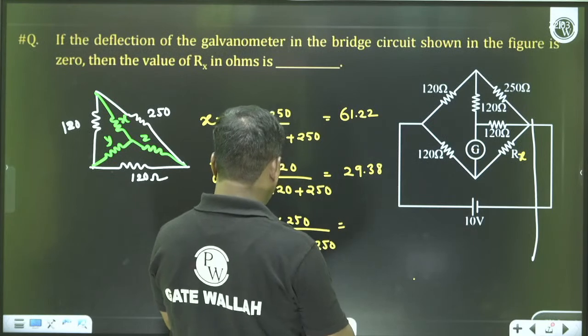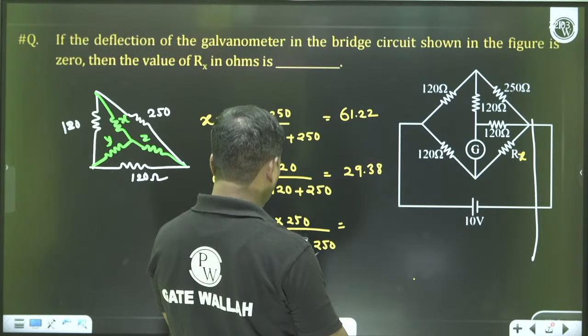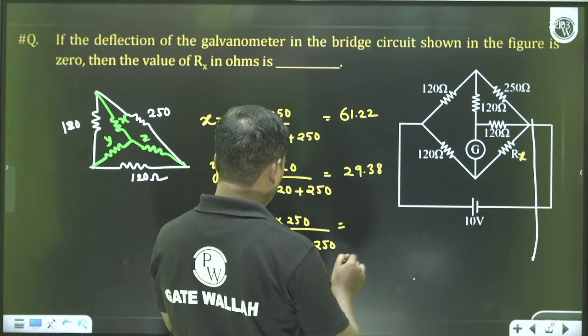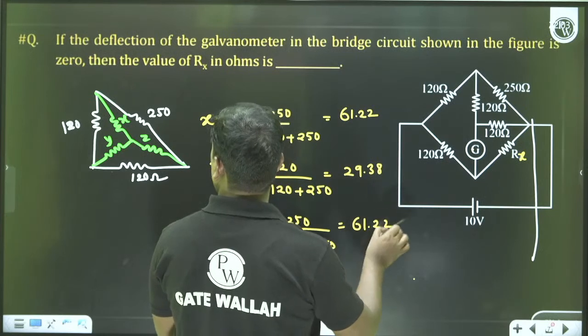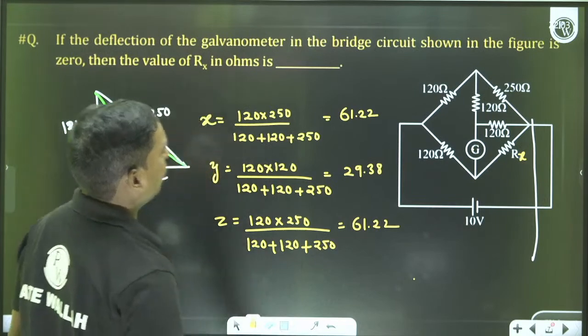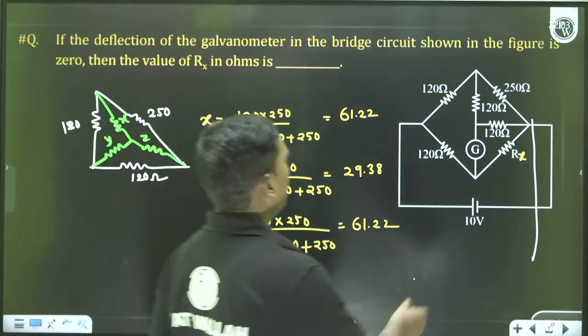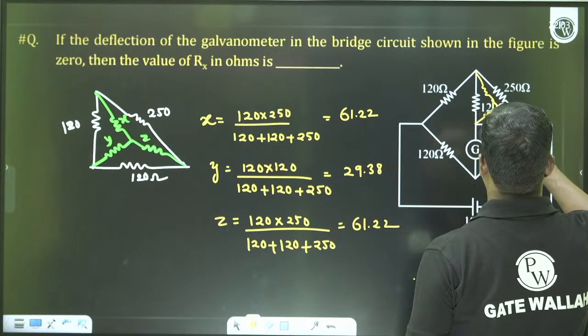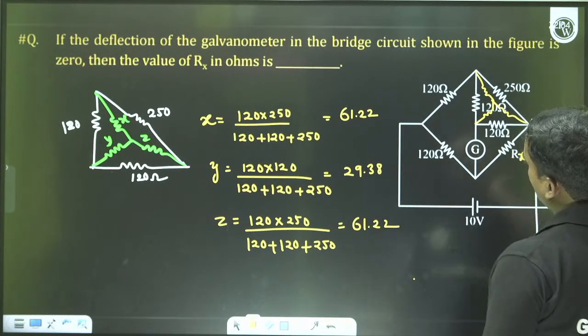Next, 120 into 250 divided by 120 plus 120 plus 250 is coming 61.22. Both are the same. Now if you replace the circuit, this is x, this is y, this is z, how will it be?